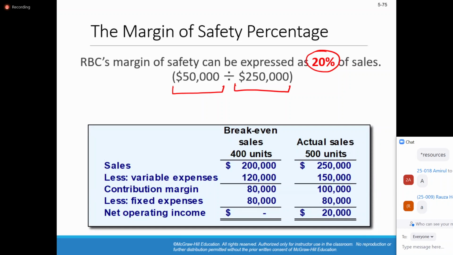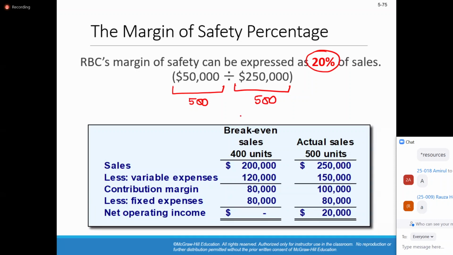And again, when you have a sales value in dollars, you can easily express the margin of safety in terms of units. Can you remember how much our selling price was? 500.